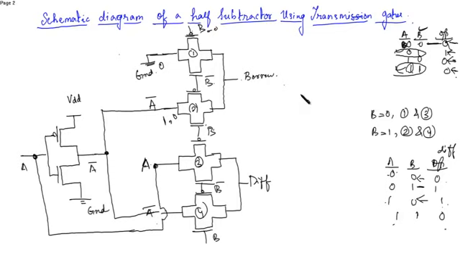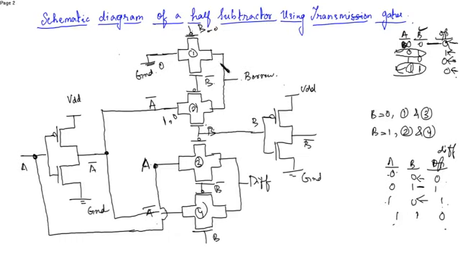Now similarly we have B and B bar. This is B and this is B bar. VDD and ground. This is B, so B is connected. This is B bar.